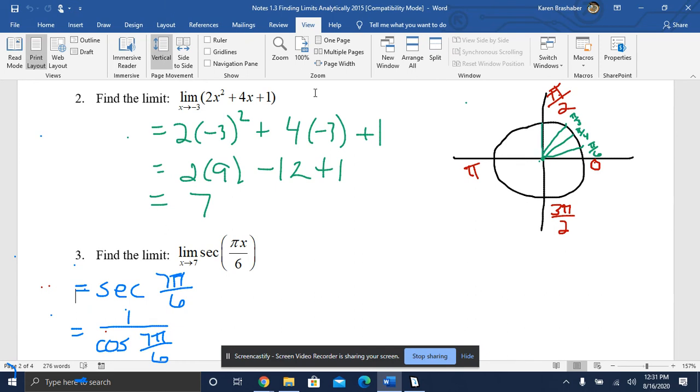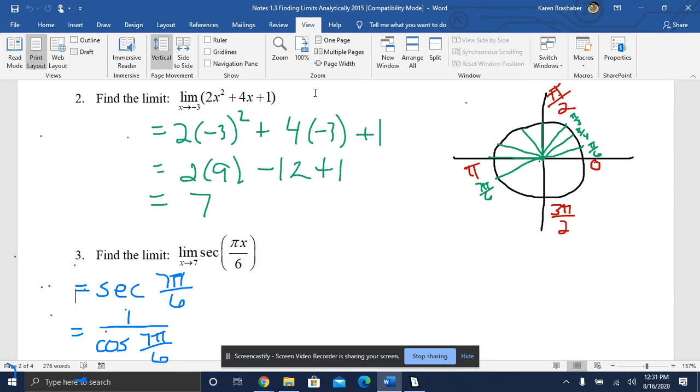Here's 3π over 6, that would be π over 2. 4π over 6, 5π over 6, 6π over 6 would be π, and here is 7π over 6. So this is the angle that this problem is referring to, and you're doing cosine.